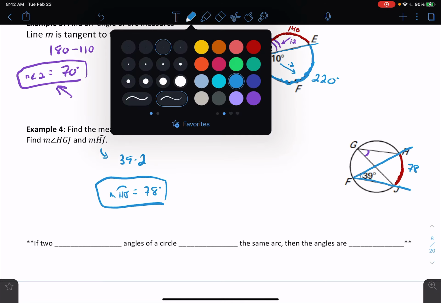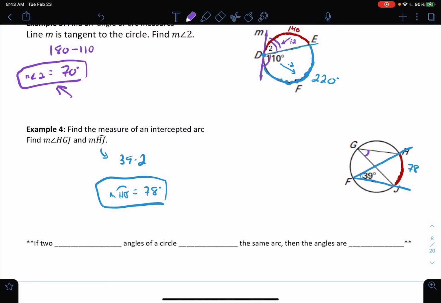Now we're also trying to find the measure of angle HGJ. This is another inscribed angle because the vertex is on the circle. If I extend these chords out, notice that it also captures 78. So to find this, I take 78 divided by 2, and the measure of angle HGJ is 39 degrees.